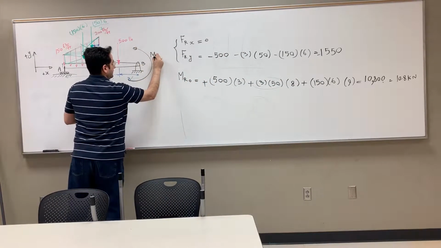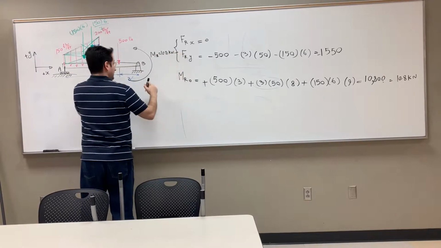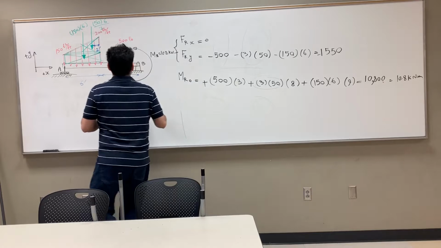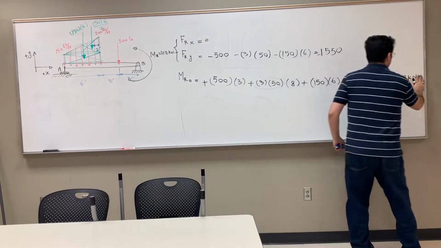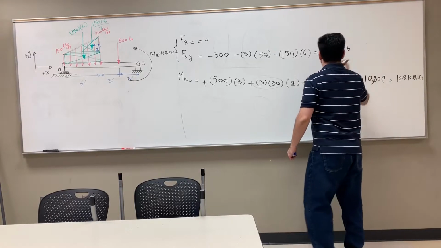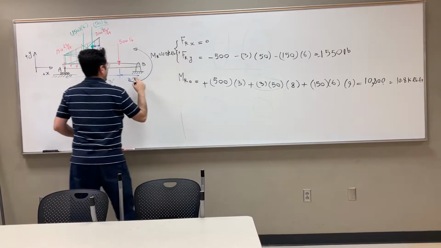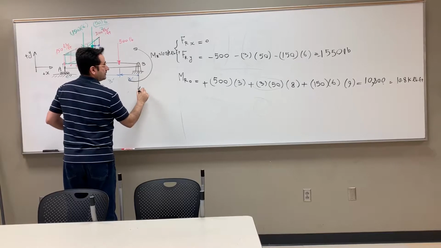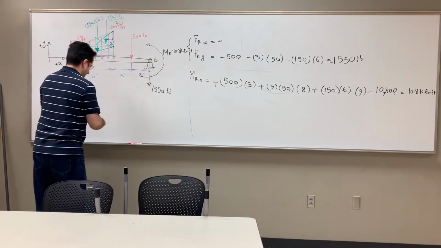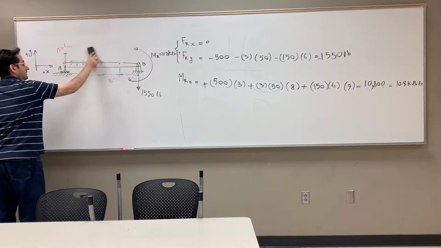So you have M_R, which is equal to 10.8 kilo pound foot. And you have 1,550 pounds down. So then you can get rid of everything else. You simplify it.